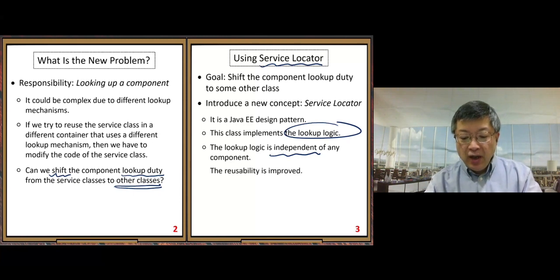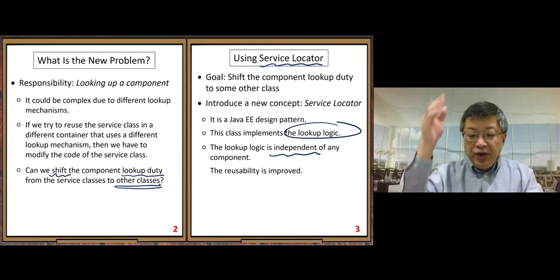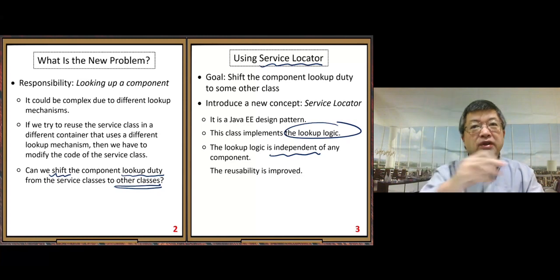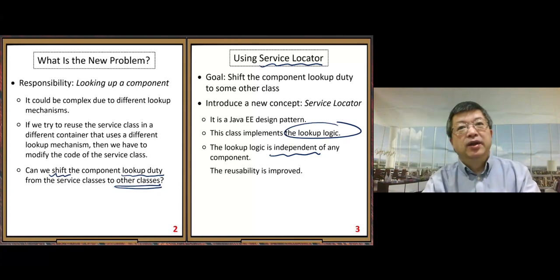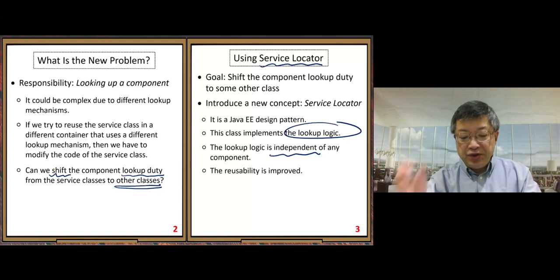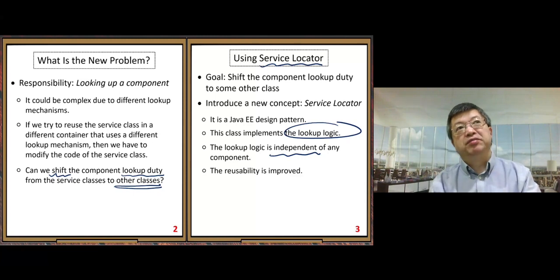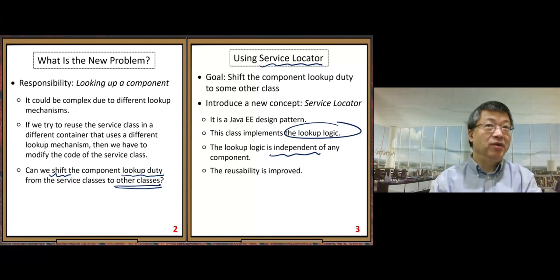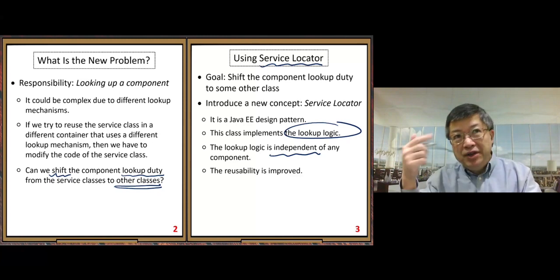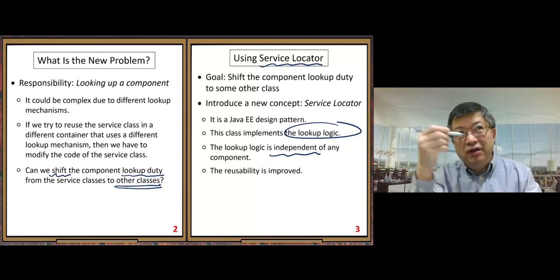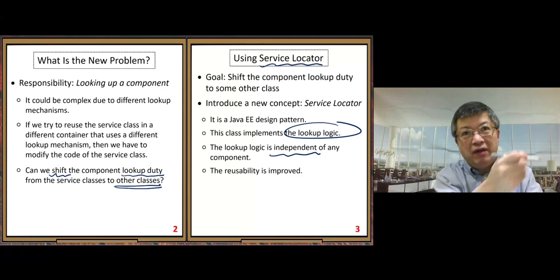The reusability is improved. If you do it this way, the reusability is slightly improved. But still there is a tight connection to the service locator, a different Java class.